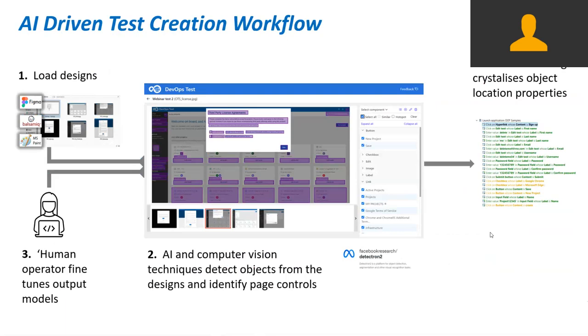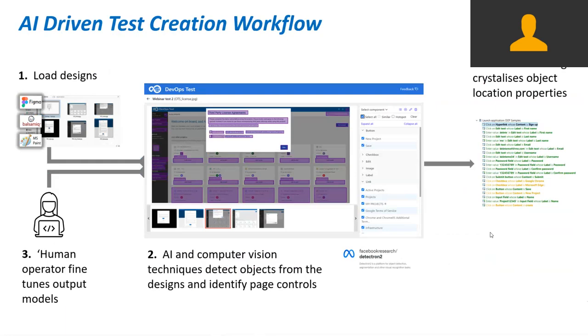But ultimately, there will always be a degree of fine-tuning to that output model. And you'll see that when we go into the demo. So that's step 3 on the slide. When these models are created, we can then create tests from them.